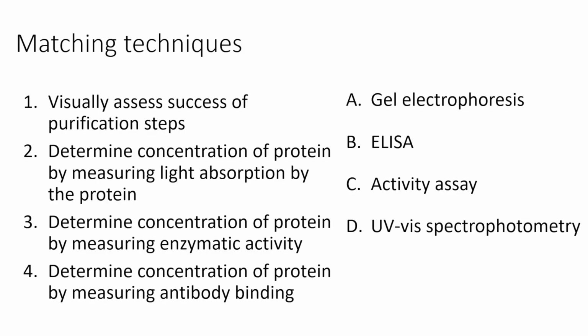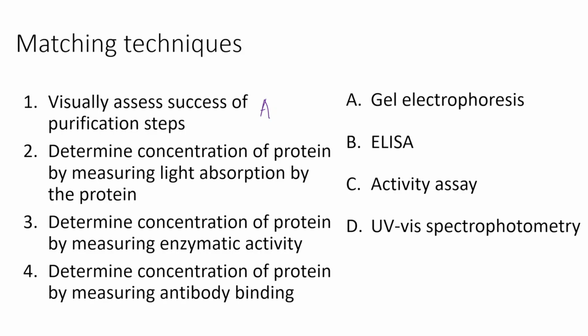Okay, so can anybody tell me, for number 1, which technique do we use to visually assess the success of our purification steps? Yeah, excellent. So gel electrophoresis is a really good method to visually separate out all the different proteins in a mixture and see what's there and look at their size.